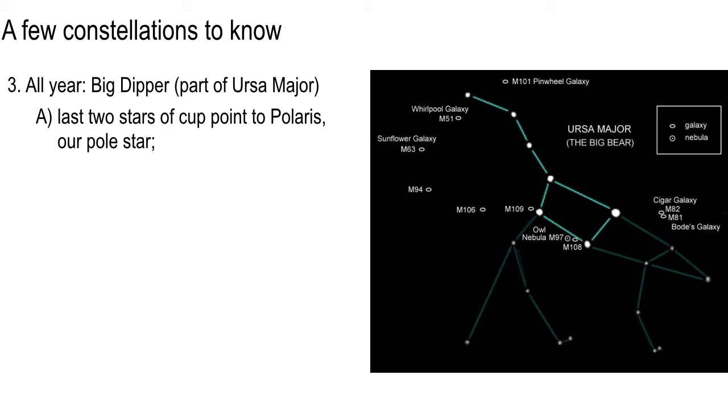The last two stars of the Dipper part, the cup of the Big Dipper, point to Polaris. That's our pole star. In other words, when you're standing right at the North Pole and the Earth is spinning underneath your feet, every direction that you point to is south.